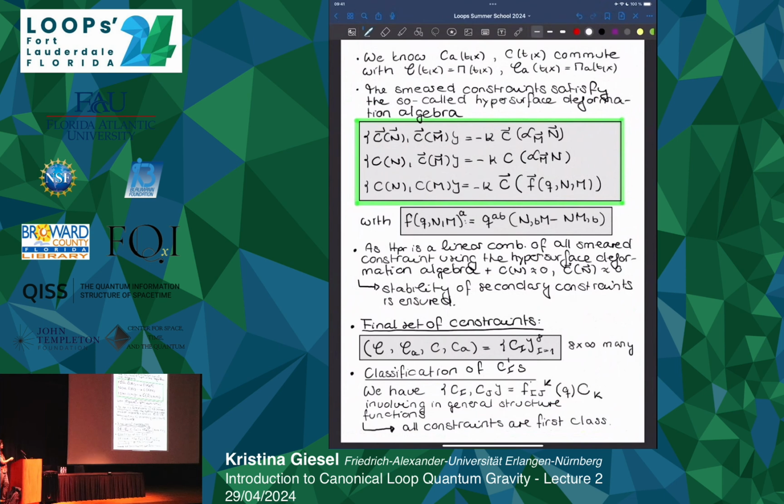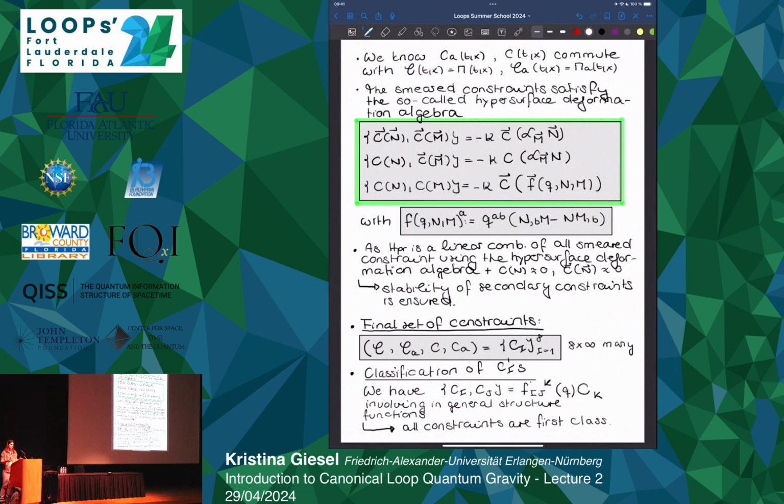And similarly, if you compute the Poisson bracket between C and a diffeomorphism, you get back C here, again, with a modified smearing function, which is the Lie derivative along m of n, of the lapse function.